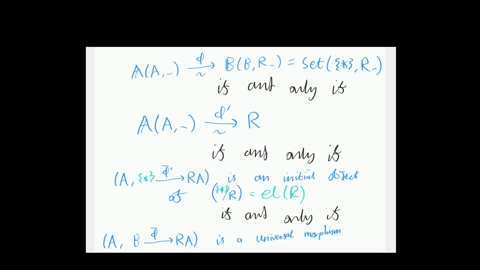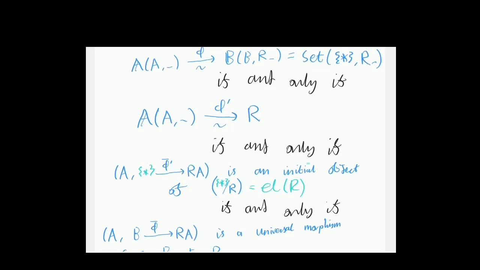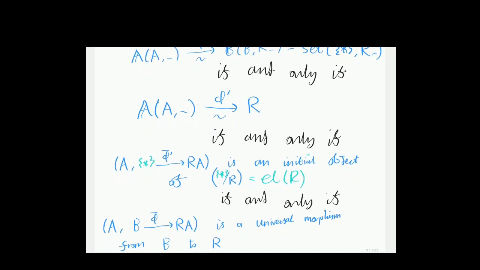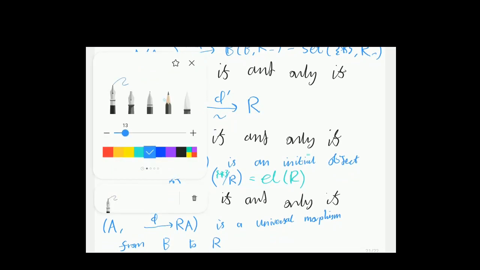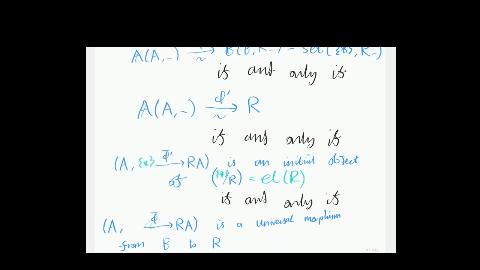And we also know that any two initial objects are isomorphic to each other, right? This is one of the results we know. So this proves that this universal morphism here is going to be defined up to a canonical isomorphism.